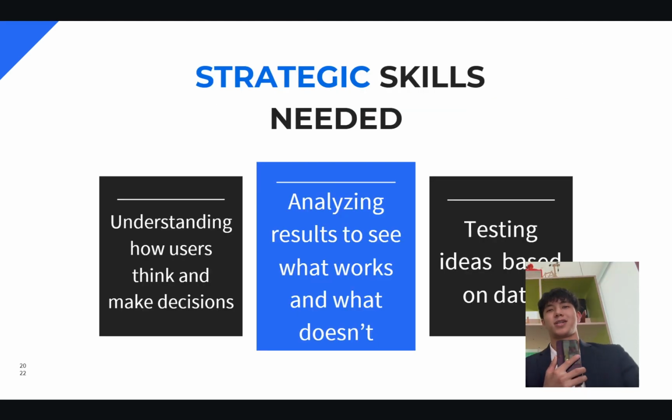Beyond technical skills, a specialist also needs strategic thinking. One key skill is the ability to analyze results and understand what they actually mean. Data is useless if you don't know how to interpret it. Another important skill is understanding user behavior. This includes understanding what attracts attention, what creates trust, and what motivates people to take action.